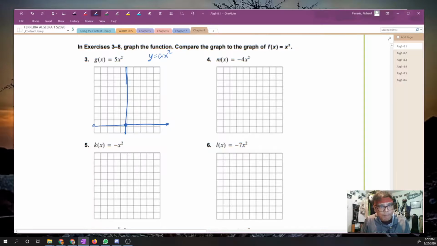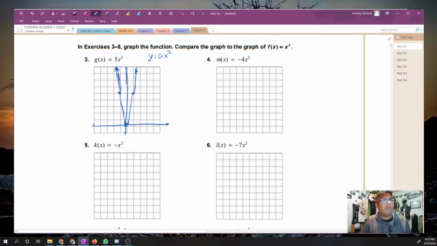They're at 1, 5 and negative 1, 5. With those 3 points, you can graph your parabola. Notice how my parabola gets wider and wider. It doesn't turn into a U with vertical sides.